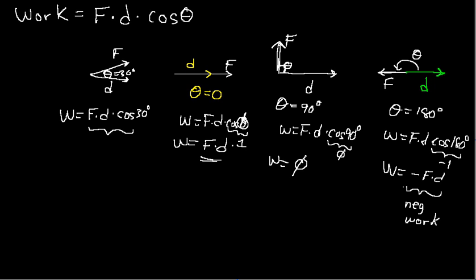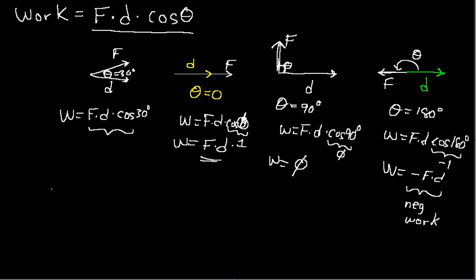But suffice it to say for now that for any two vectors, one force, one displacement, you can find whether you're doing work and what that work is by looking at the angle between the two directional vectors. So this is our complete formula for work.